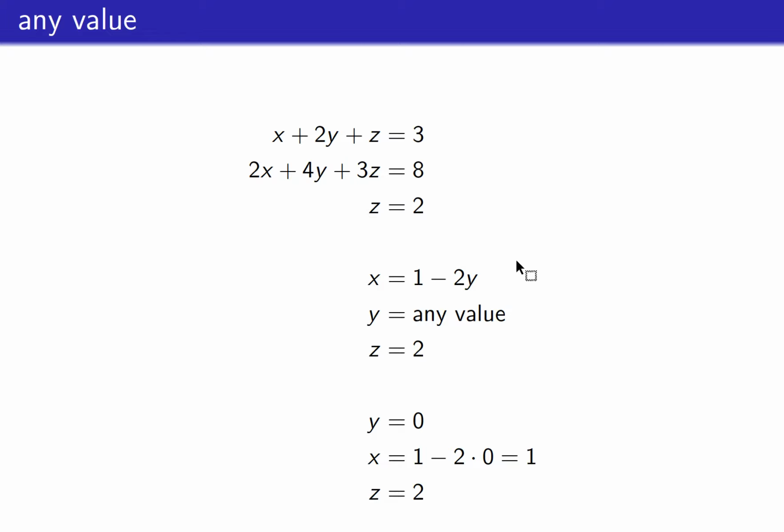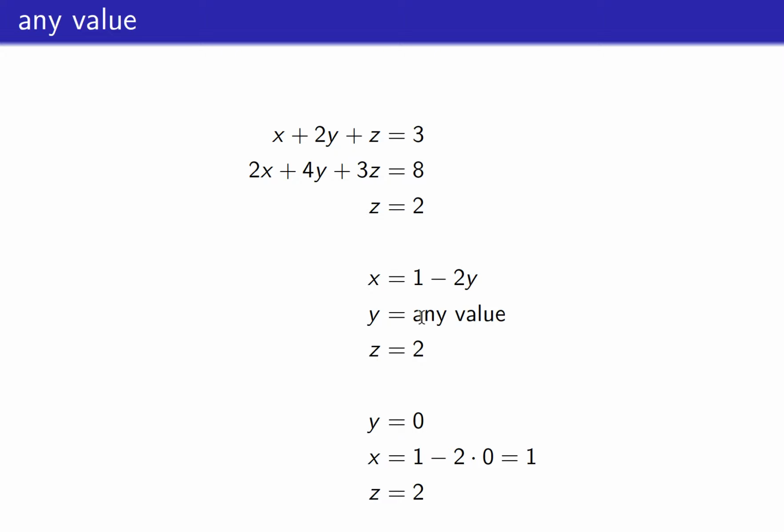So here's what we do. This is how we write our answer. Okay. There are infinitely many solutions to this, one for every value of y. And so you can't possibly write them all down. So by writing this, I'm giving you a prescription for how to find the answers.